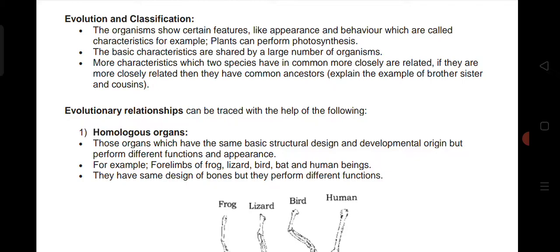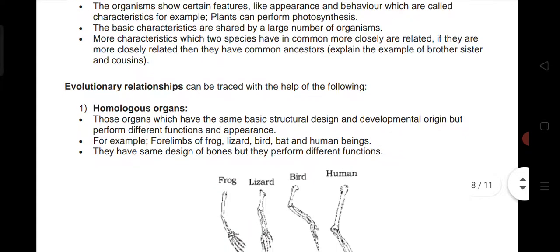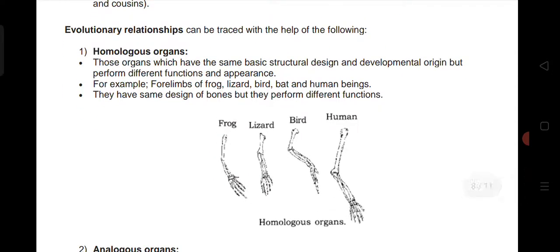The first is the homologous organs. Homologous organs are those organs which have the same basic structural design and developmental origin but perform different functions and appearance.